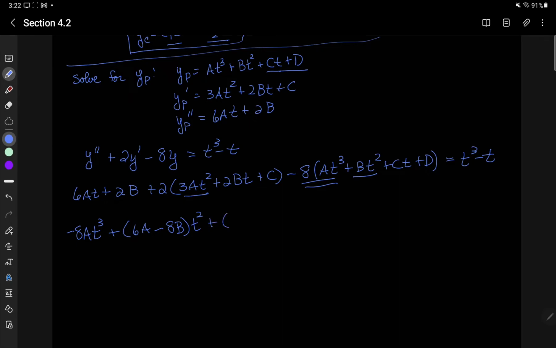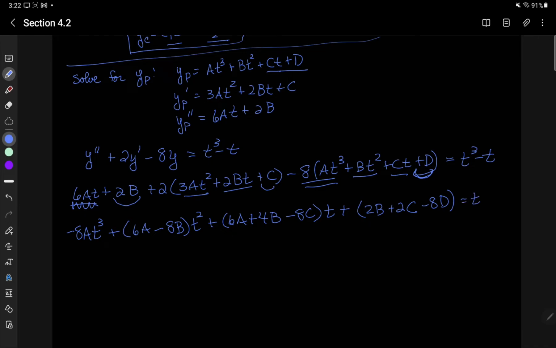And then my t terms, I have 6a, let me do it this way, 6a plus 4b minus 8c, that's my t terms, and then my constant terms. So I'll do it this way, 2b, 2c, minus 8d.